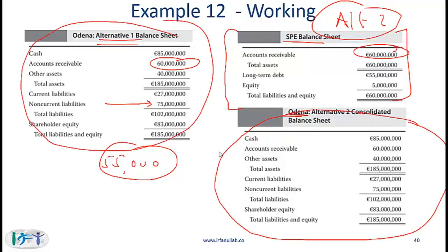I also want to point out that in the past, where this consolidation was not required, companies could really exploit SPEs by creating the SPE and showing their balance sheet without the receivables and without the loan. So companies would look a whole lot better than they actually were. And in fact, companies like Enron did do this quite a lot.